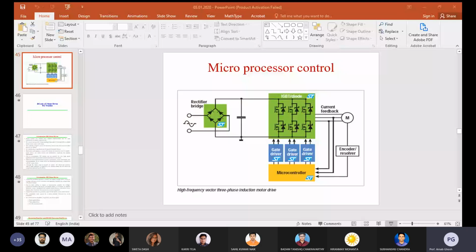But if some sophisticated drives are required, then you use a controlled rectifier. Sometimes you also use a semi converter, based on cost and zone of operation. With full control you can go up to motoring mode and regenerative braking, all kinds of operation are possible for the full converter, but with a diode rectifier only the motoring mode is possible. So these are the different configurations, basically different selection of your converter based on your application.